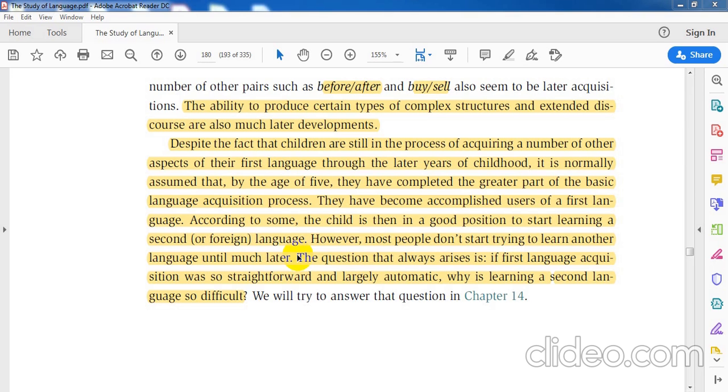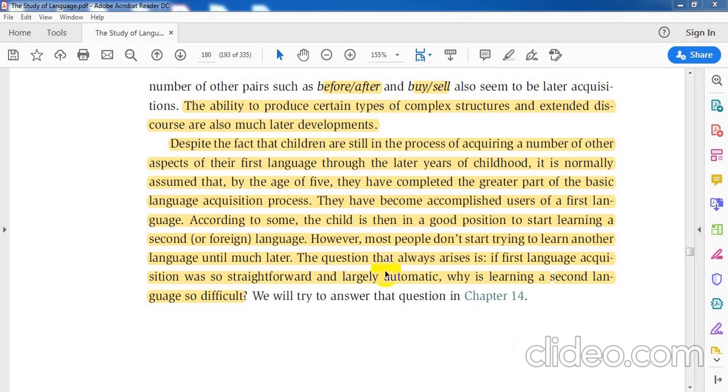Now, why is it not so for learning a second language, the thing that we are all doing or trying to do? Why is it so difficult? This is not going to be answered now. Maybe when we reach the end of chapter 14, we might be able to answer that question.